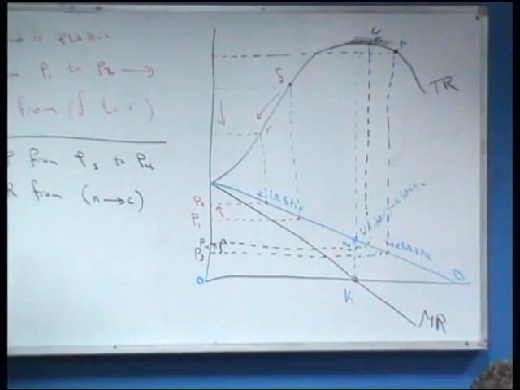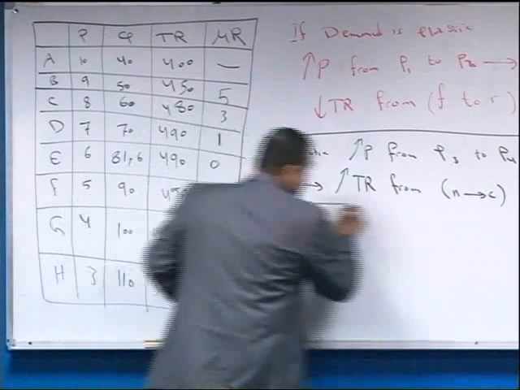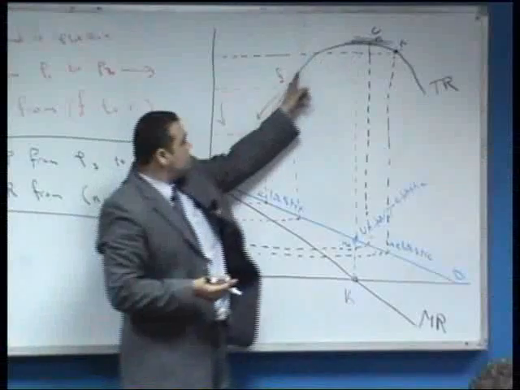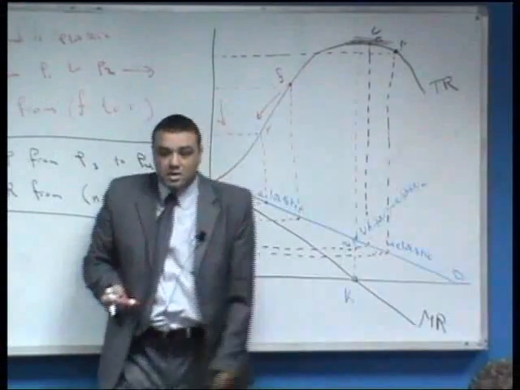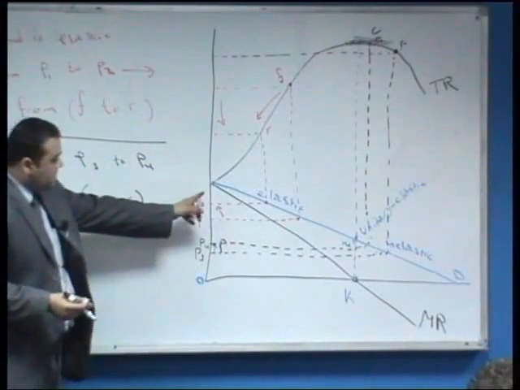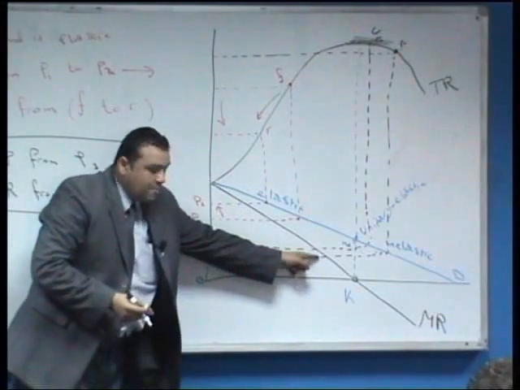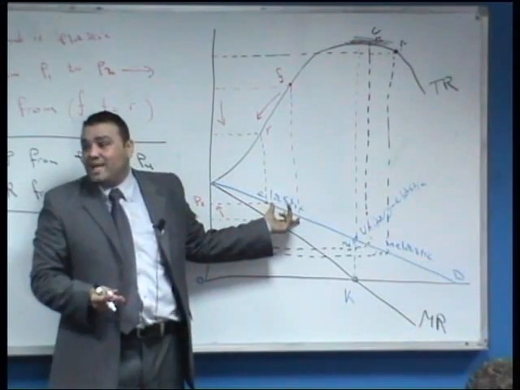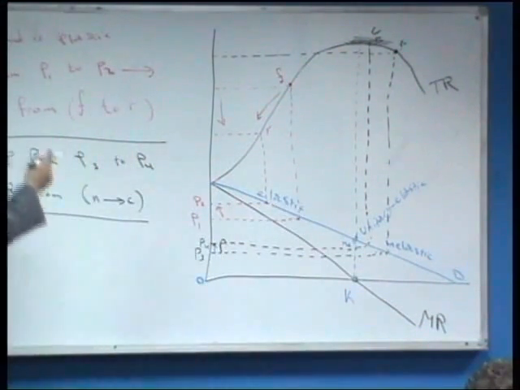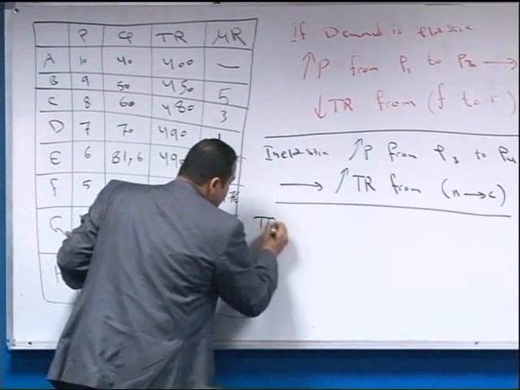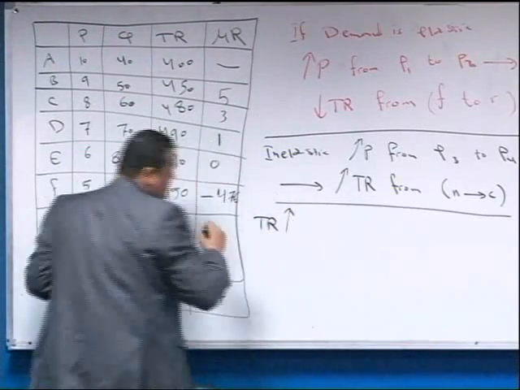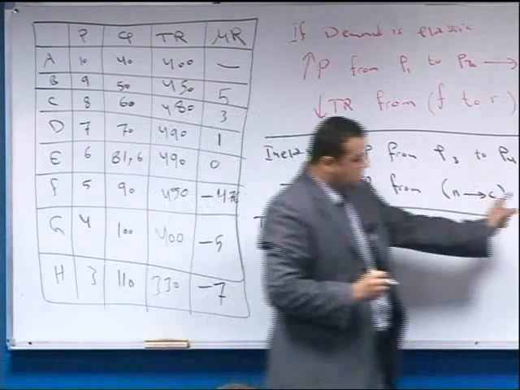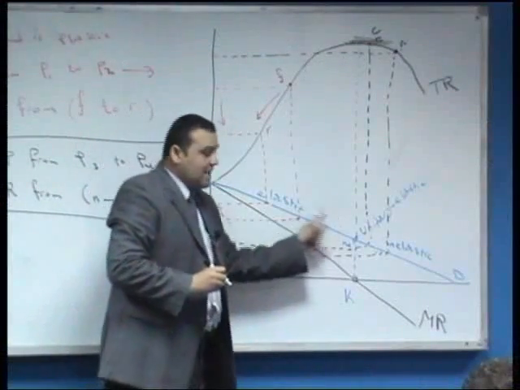When the total revenue increased, at this stage, the marginal revenue would decline and be positive. The demand is what? Elastic. So when the total revenue increased, this means at this stage the demand is elastic.